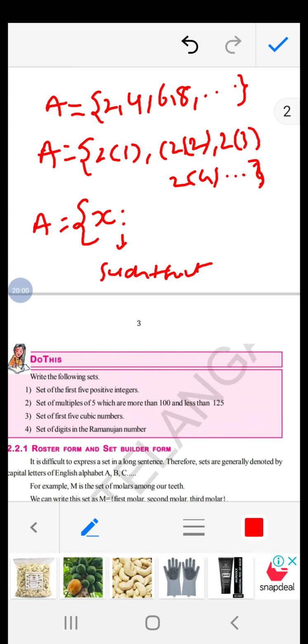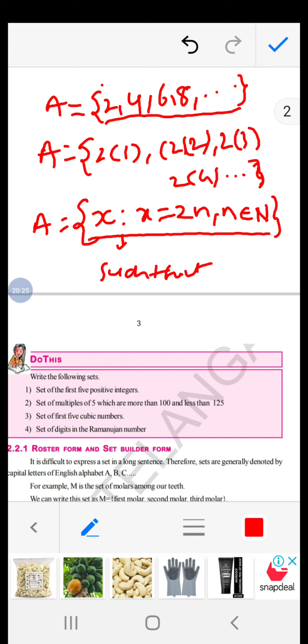Next, x such that x is in the form of 2n, and n belongs to natural numbers. This is called the set builder form of the given set. This is called roster form and this is called set builder form. In roster form we use the elements to write.